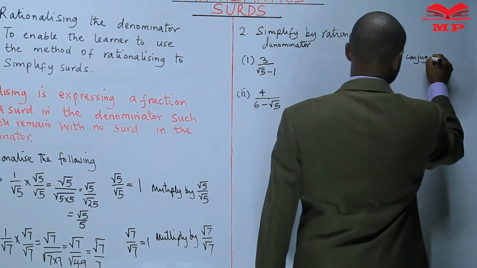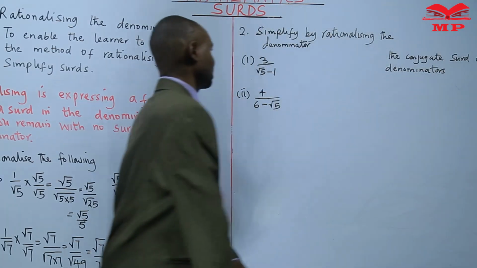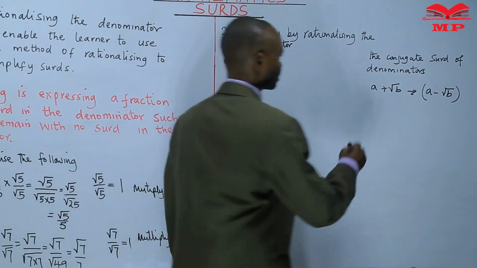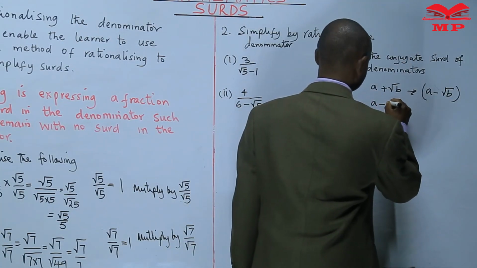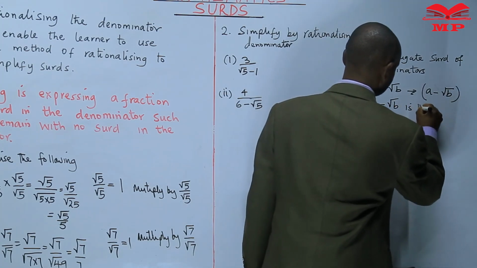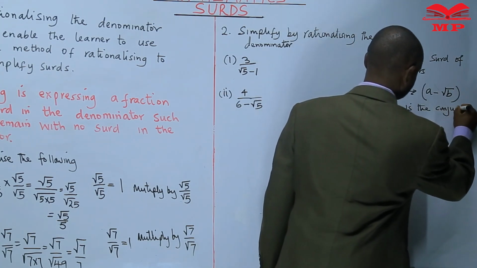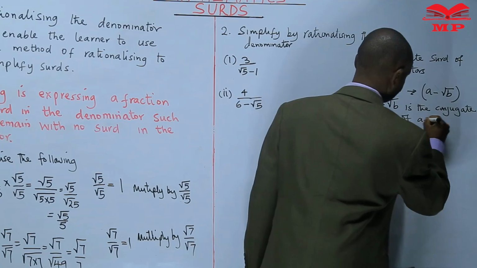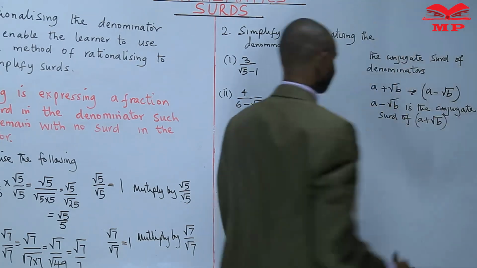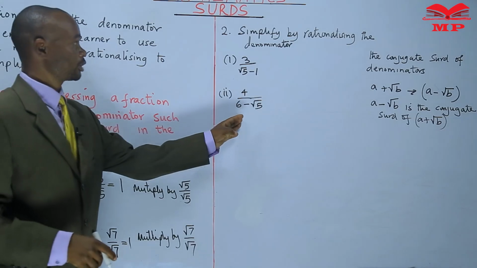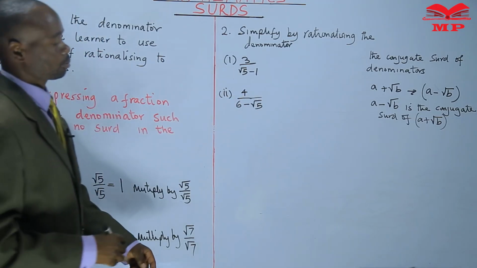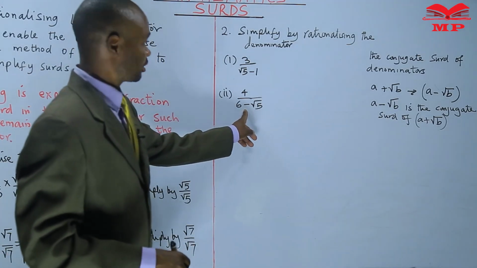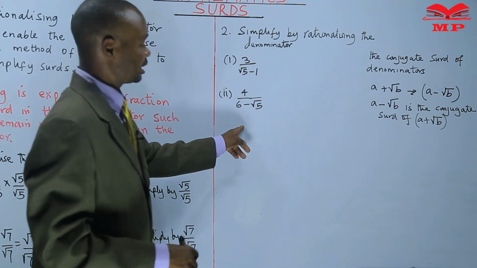Before you look at that, you realize A minus square root of B is the conjugate surd of A plus square root of B. So in this case, when you rationalize using that, you multiply the denominator and numerator by the conjugate surd of the denominator.